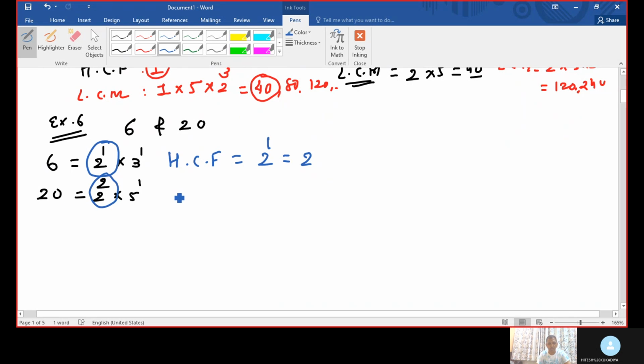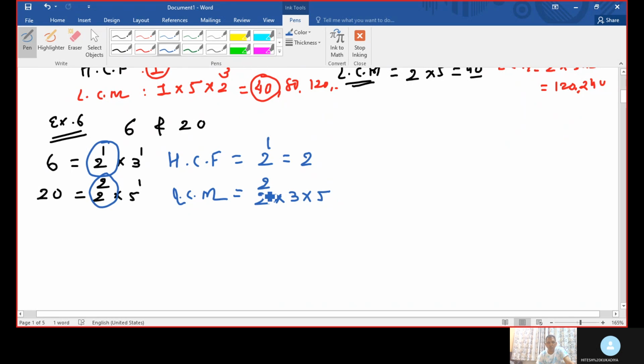Okay. Now we find LCM, the least common multiple. 2 is the common factor but with the highest power, so 2 raised to 2. Which factors are remaining? Here 3 and 5 are remaining.